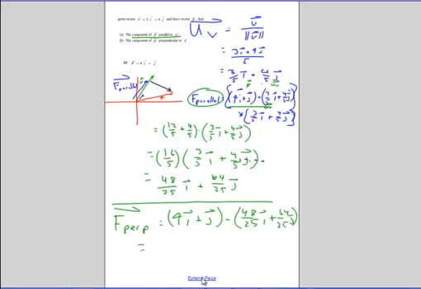And without doing much simplification, f perpendicular is just 4 minus 48/25 i plus 1 minus 64/25 j. And there's my force that's perpendicular to the velocity.